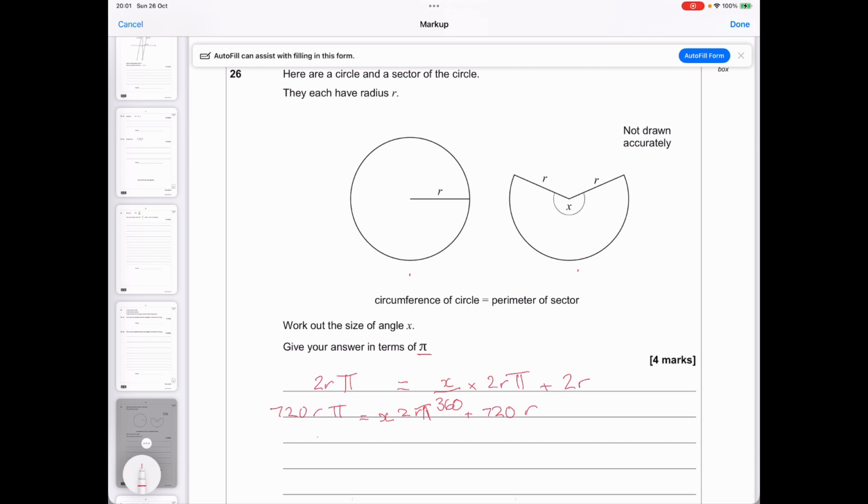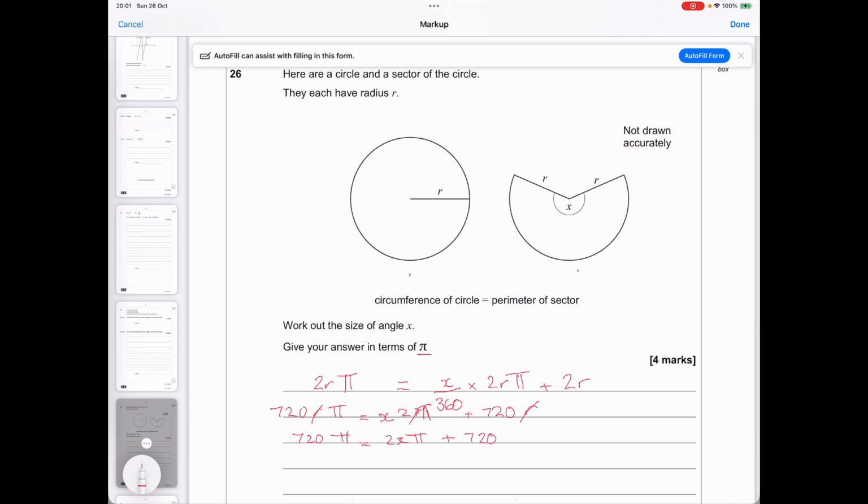And then we can divide through by r. So we get 720 pi equals 2x pi plus 720.